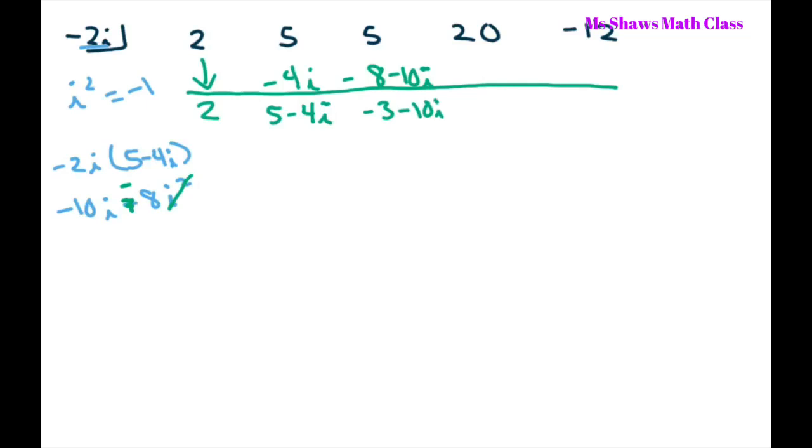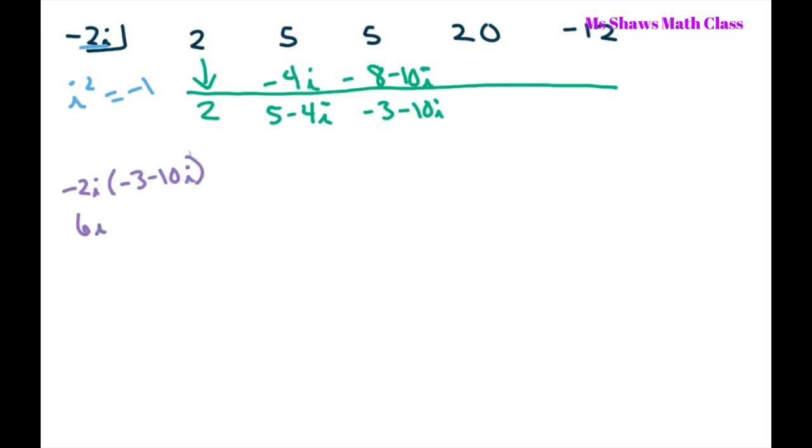Now add this column and you get negative 3 minus 10i. Now we have to do it again, and this is the hard part we're doing right now. Then it gets a lot easier. All right, so let's do it again. We have negative 2i times negative 3 minus 10i. And again, after a while, you'll be able to do these in your head.